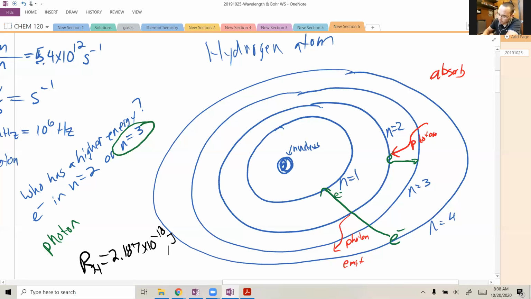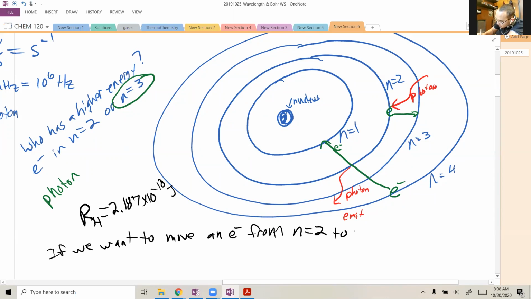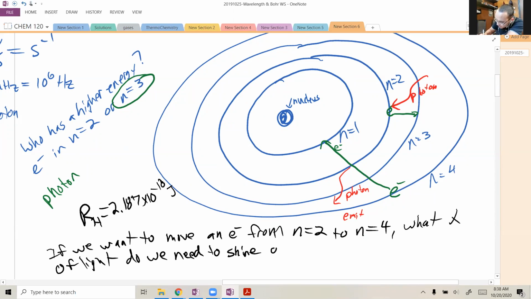So my question for you is, if we want to move an electron from n equals 2 to n equals 4, what wavelength of light do we need to shine on the, we'll say, the atom?